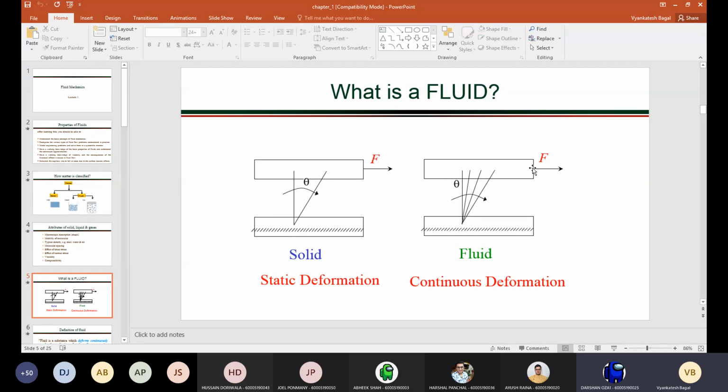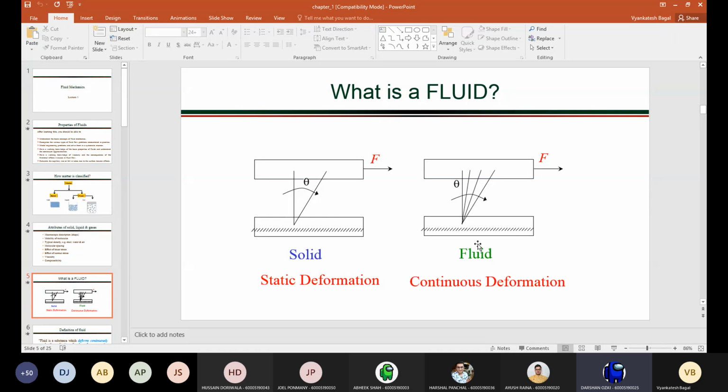Some force capital F is applied at this end, you are just stretching the plate on the right-hand side, and this passage is filled with liquid. What will be your observation here? It will flow.